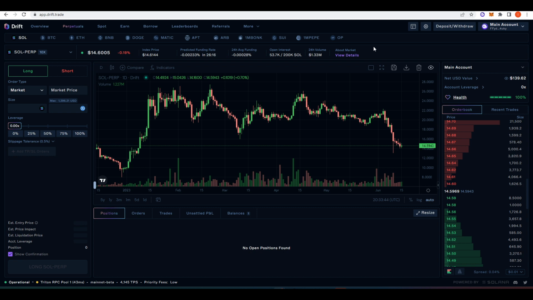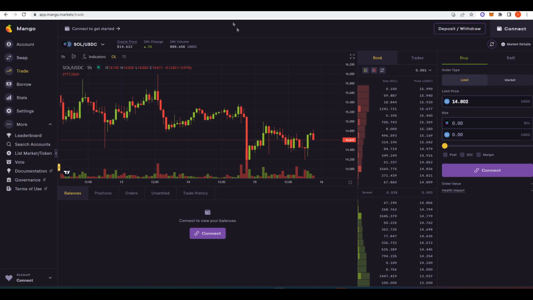Most perpetual futures DEXs will use USDC or DAI as their base collateral. One exception of this is Drift. You can actually use Solana as collateral here, so you could obviously execute this strategy on SOL markets. And I believe Mango Markets offers you the chance to do this as well.